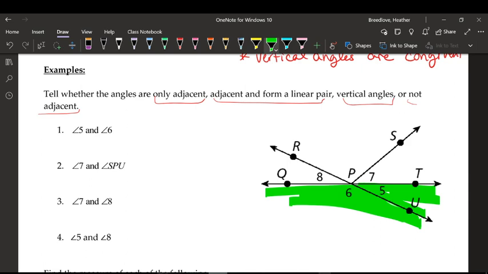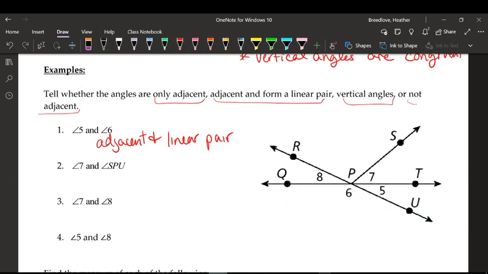Do you see an X shape in the highlighted green part? No. Are they adjacent? Adjacent means they share a side. Yes, they are adjacent. So are they only adjacent, or are they adjacent and form a linear pair? Yes, there's a linear pair going on right there. So, adjacent and linear pair.